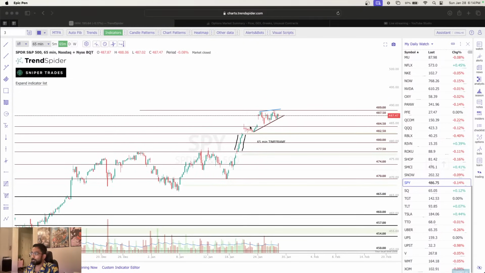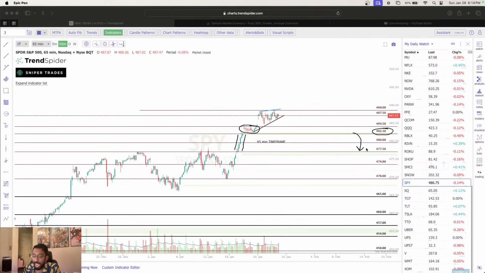Once you break this, this is the only region where there was some basing, some concrete that bulls put through in the foundation that they have built. There is no concrete here. It's just vacuum. Once you break this level here, you have a very good chance of playing puts towards 477.50.